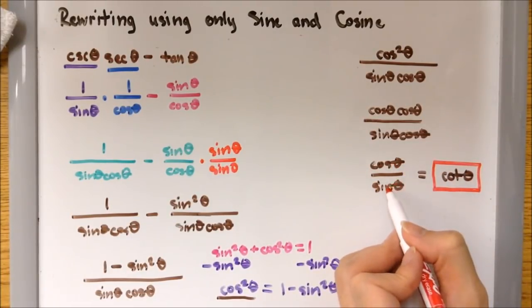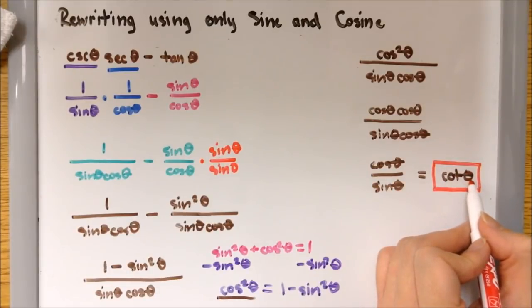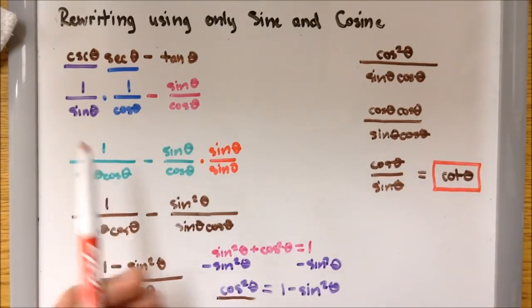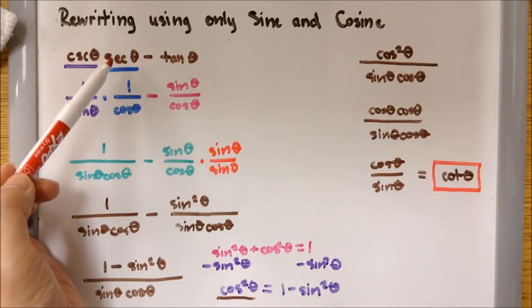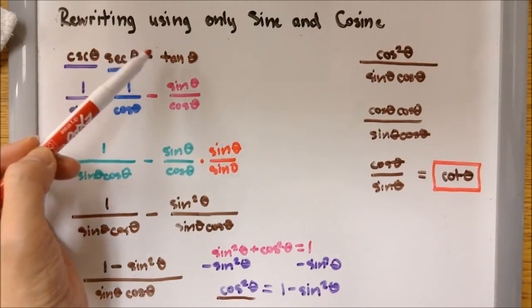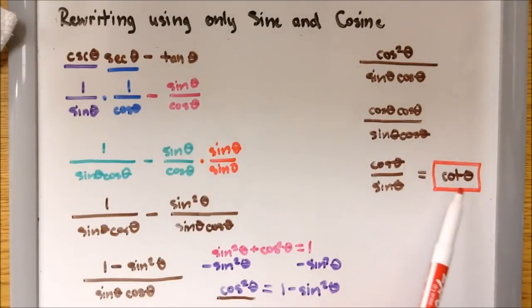Cosine theta over sine theta is the same as cotangent theta. So the answer to cosecant theta times secant theta minus tangent theta is cotangent theta. So it's a long process as long as you do it correctly. I highly suggest you do it slowly, don't rush it.